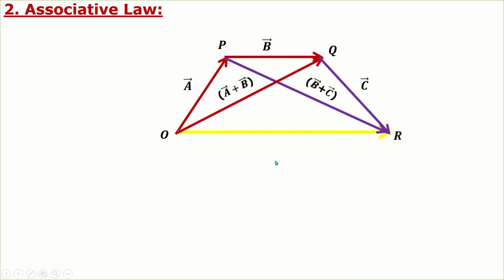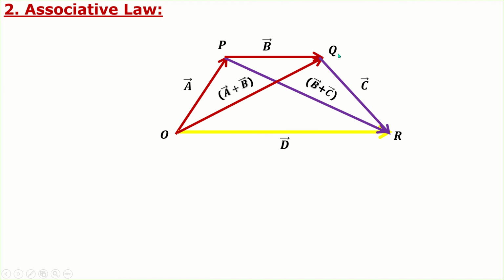Take another vector, that name is D vector. Now D vector is equal to what? When we take this triangle, that means OPR, or we can take OQR, or we can take another triangle PQR, we have already completed.